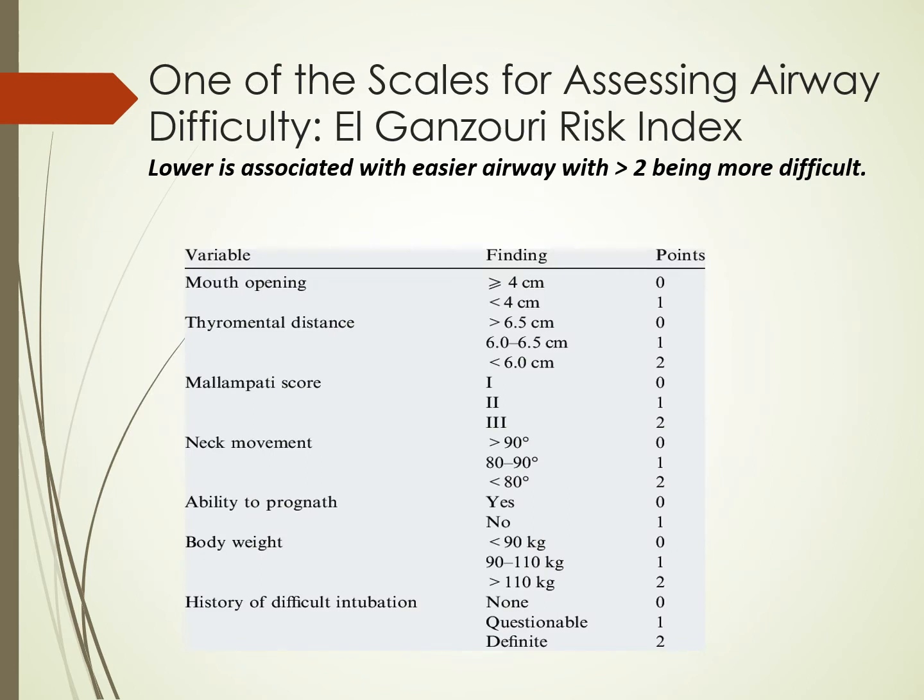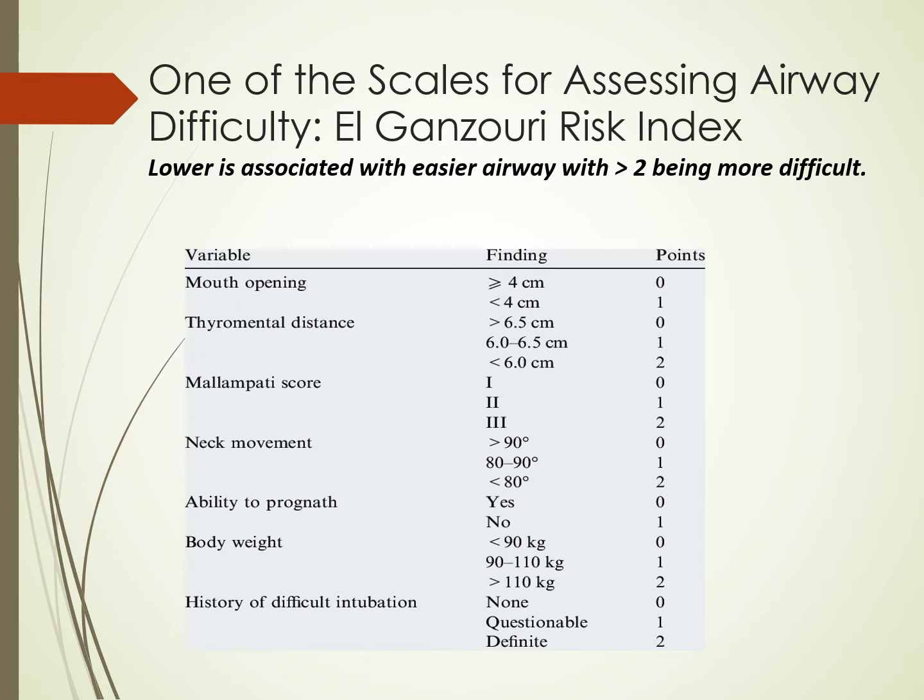In a few portions of this presentation, we've talked about some of the individual factors that are more closely associated with a difficult airway. However, I also wanted to mention that there are some integrated scales that look at multiple factors simultaneously, in order for the clinician, the anesthesiologist, the attending physician, the respiratory therapist, to look in advance at these various factors and try to assess the degree of difficulty they may encounter in intubating the patient.